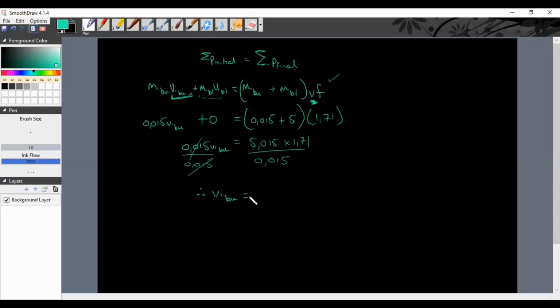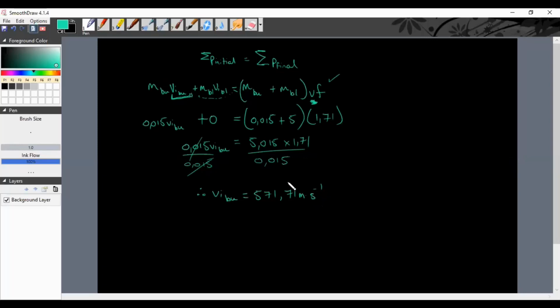If I sub in on my calculator, 5.015 times 1.71, all divided by 0.015, the final answer there should be 571.71 meters per second, which is accurate because a bullet can travel very fast.